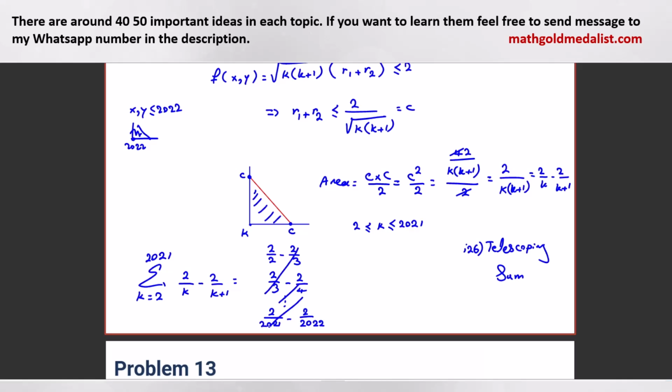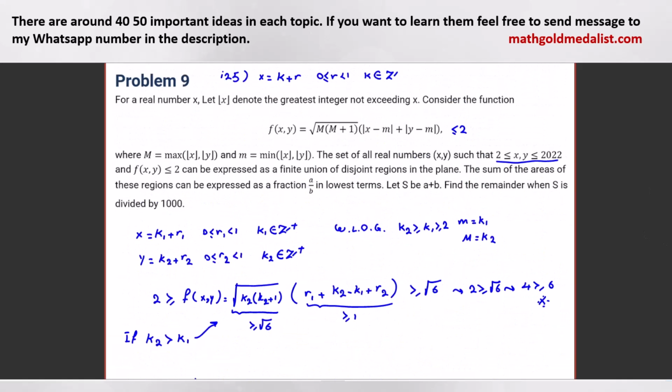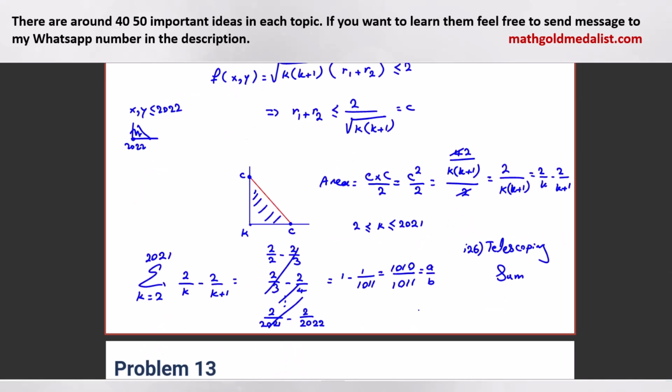Then we can cancel like this. So it will be 2 over 2, or 1, minus 1 over this one. If we simplify this, it will be 1010 over 1011. And we can express it as A over B, and it asks, A plus B is what? Mod 1000. A plus B is 2021.